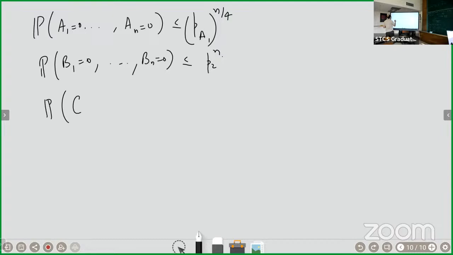Did I define C or not? Here C_n was 1 or you just define C_n equal to A_n times B_n. This is the actual interesting quantity I'm interested in because an edge being open or closed depends on both of them being open or closed. C_n, the edge is closed if C_n is 0. So you know how to form something like this when the A_i's and B_i's are binary. Given that I have these two inequalities, can you give me a relationship for this, where C_n is nothing but A_n times B_n and everything is binary?